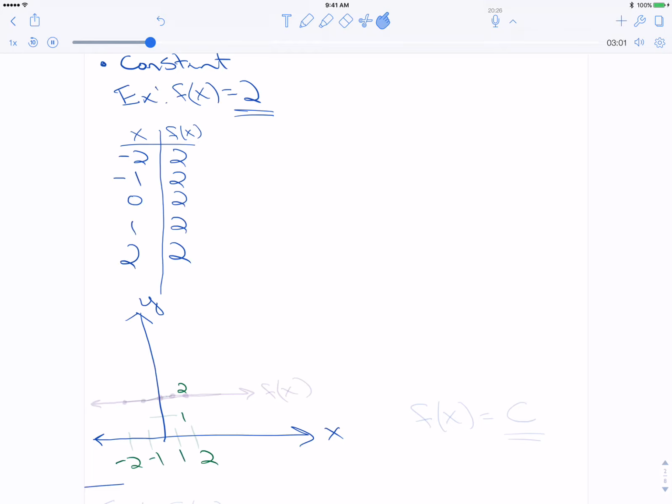So if I draw in here a scale, so I'm going 1, 2, and then on the other side I'm going to need a 1 and a 2, and then if I go up, 1, 2, so this is y equals 2. So f of x equals y, remember? So when I draw the plot, make that purple, it's 2. It's 2 here, it's 2 here, it's 2 here, here, and here. And so then I just connect all of my dots, and that composes my f of x.